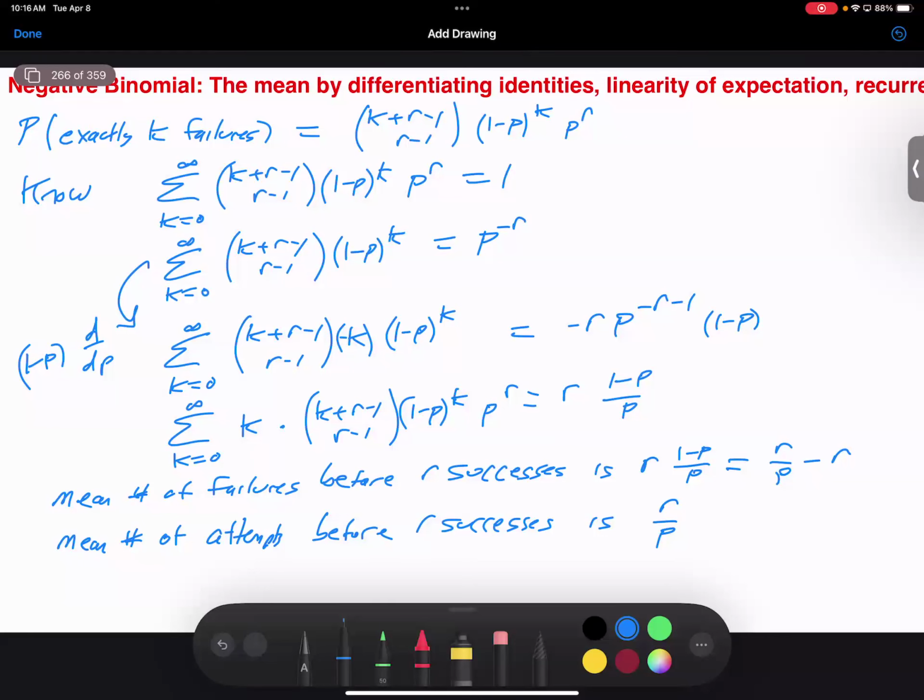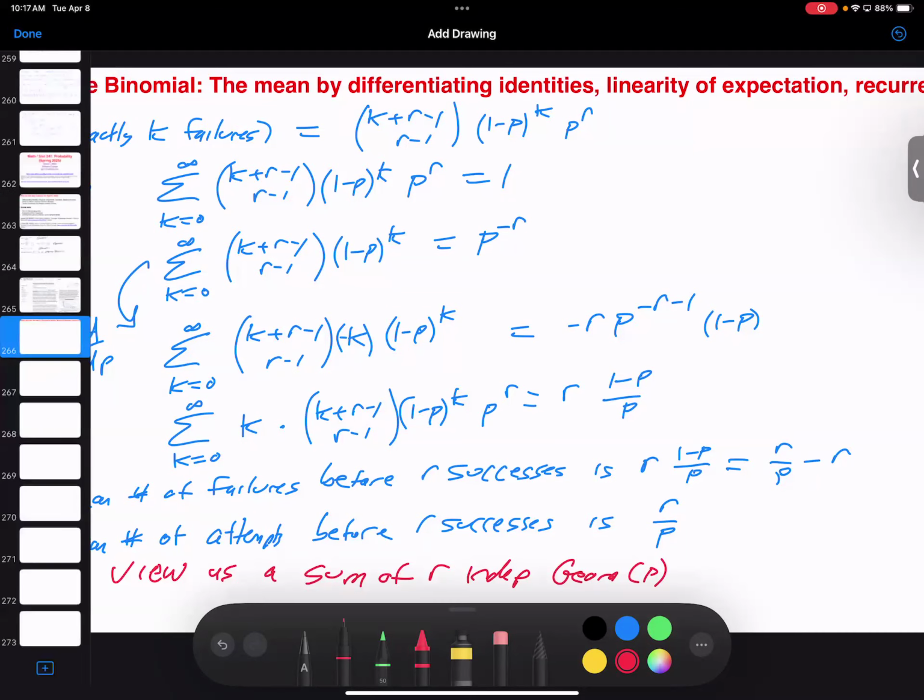So this suggests we can view this as a sum of R independent geometric random variables with probability P. That makes a lot of sense. If I want to wait until I have R successes, wait until you have the first, then wait until you have the second, then wait until you have the third. This is very similar to the crackerjack problem. So this is giving us the second way of looking at the problem, linearity of expectation.